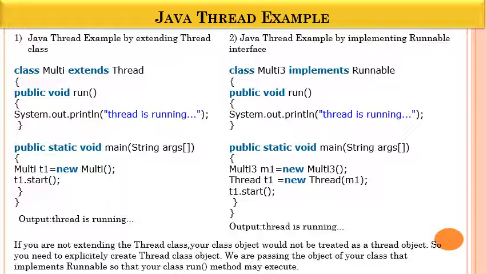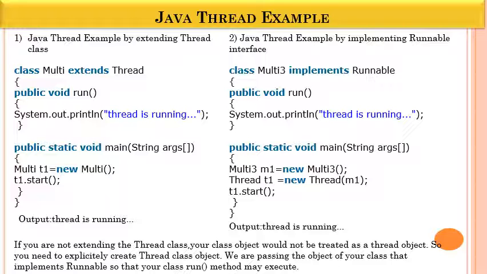The class Multi extends Thread, with extends in bold. Then the public void run method prints System.out.println("thread is running").